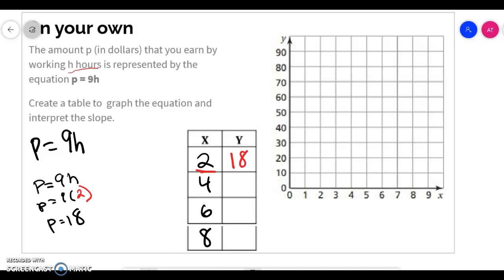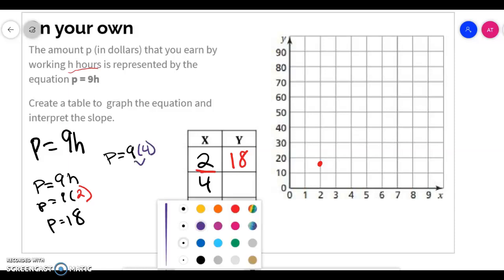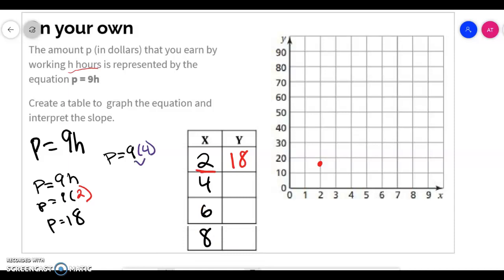So I'm going to go over to 2, and since it's counting by tens on my y-axis, we're going to put it pretty close to 20, but not touching 20, because it's not 20, it's 18. Now plug in 4 for your equation. What's 9 times 4? 9 times 4 is going to give me 36.